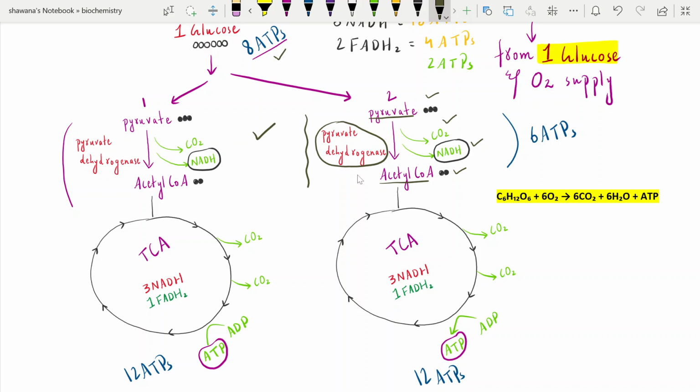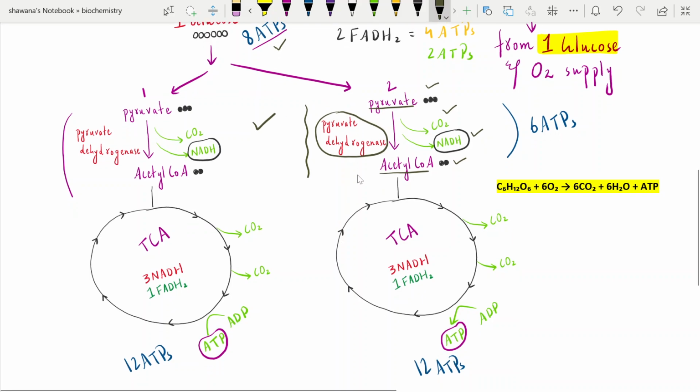Because we have 2 pyruvate, we have 2 acetyl CoA. So how many Krebs cycles will run? 2 Krebs cycles will run. Let's discuss one, and the other will be identical. One carbon dioxide is removed here. When acetyl CoA enters the Krebs cycle, it undergoes decarboxylation, meaning carbon dioxide is removed, and dehydrogenation, meaning hydrogen is removed.